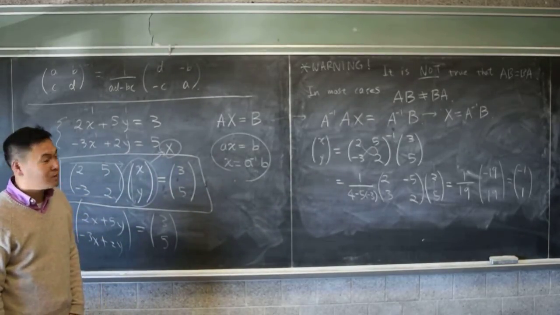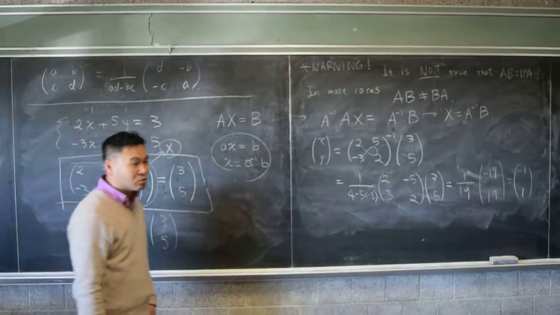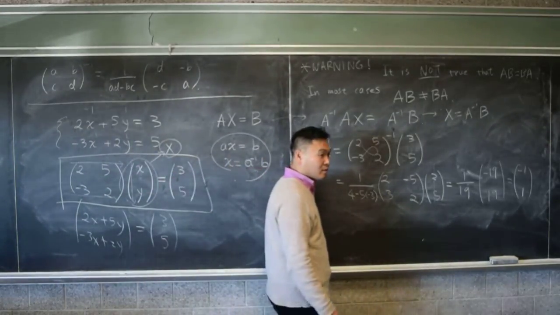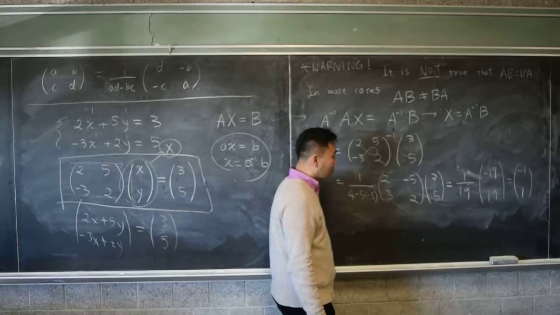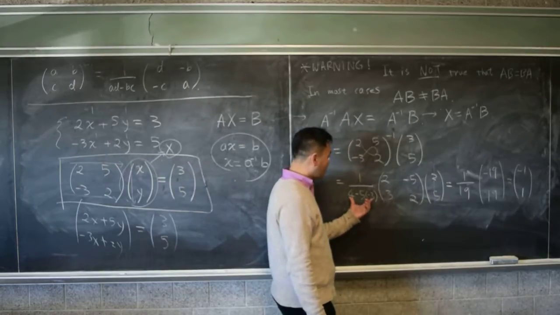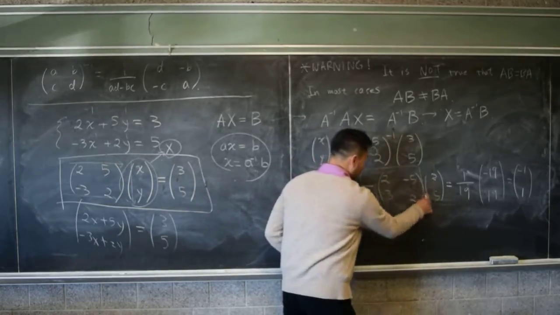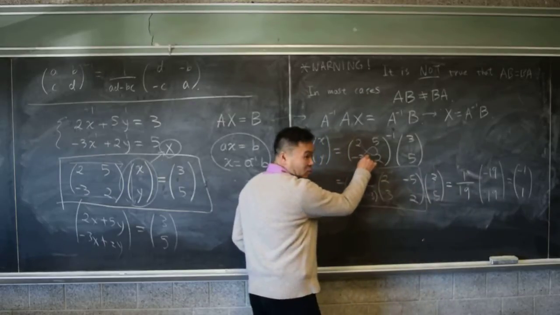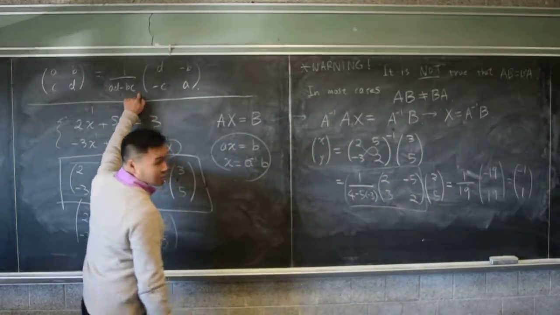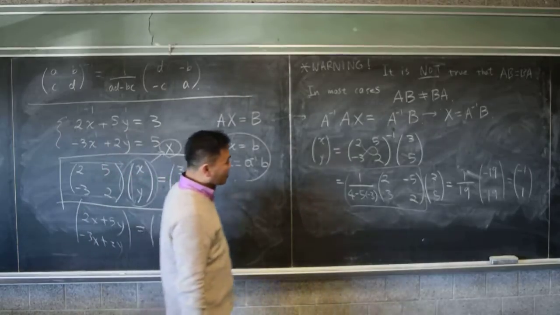Yes? Can you go through that several more times, please? Which step? How you got 1 over 19 and negative 19, 19. Okay, so this much is the inverse of this matrix using the formula.